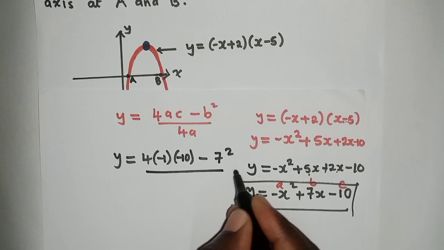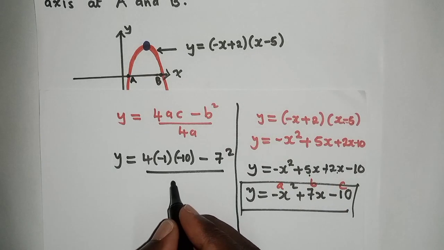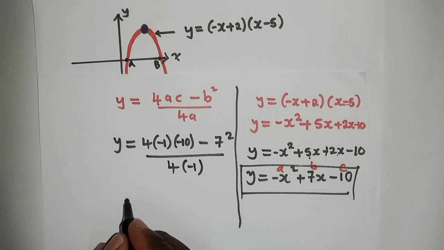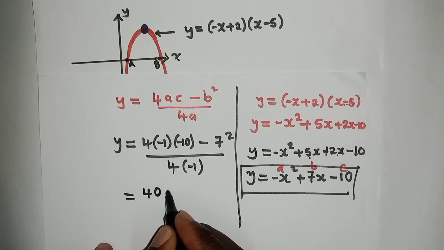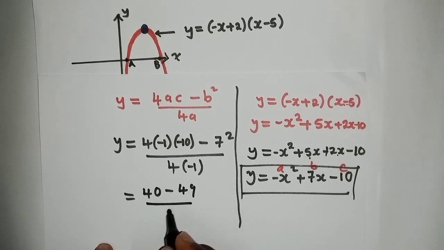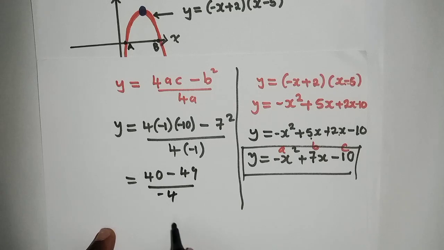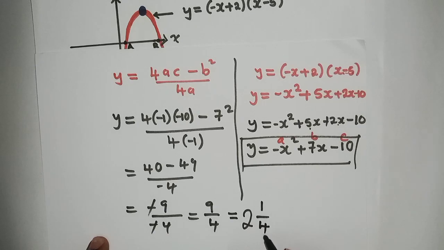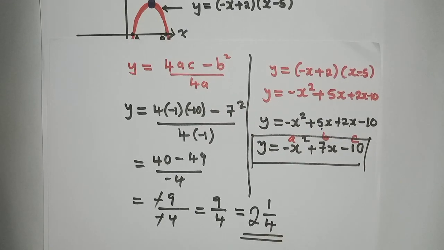Here over 4 times A, which is -1. We solve: we have 40 minus 49 over -4. We solve here, we have -9 over -4, which will remain as 9 over 4, because negative and negative will cancel out. This is the maximum value of y. We're done with that one.